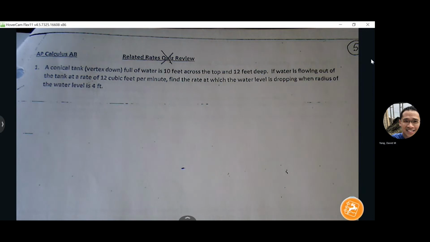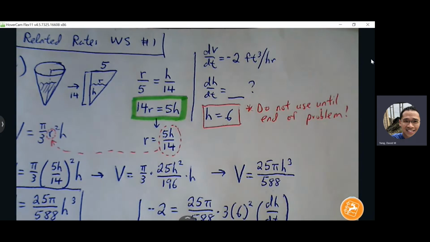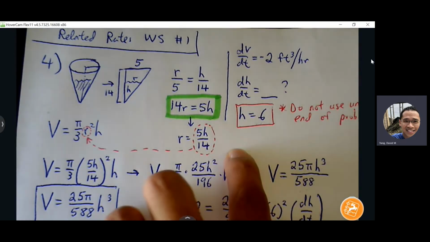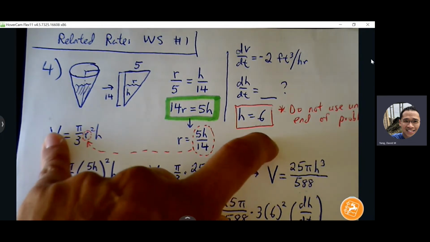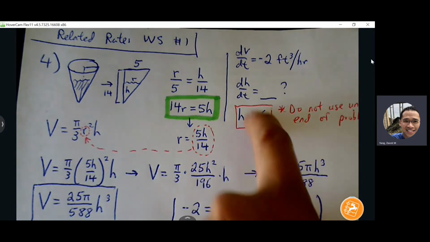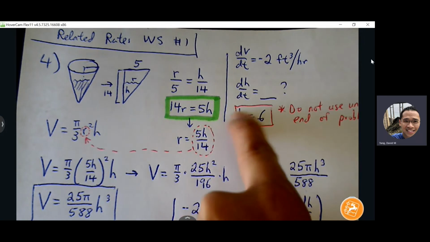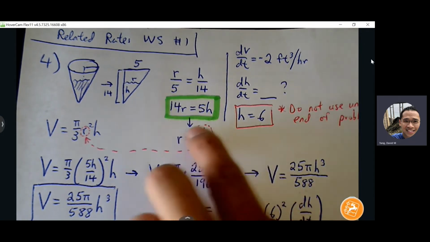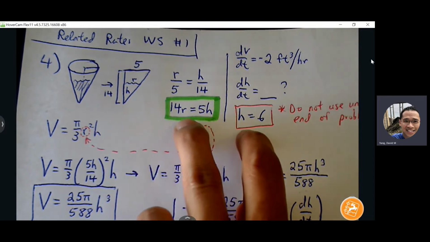Similar triangles. I don't think I talked about this with the previous problem. If we were to do the previous problem again, and if I did not give you height, but if I gave you the radius, we can still get to the height simply by relying on this equation, right?